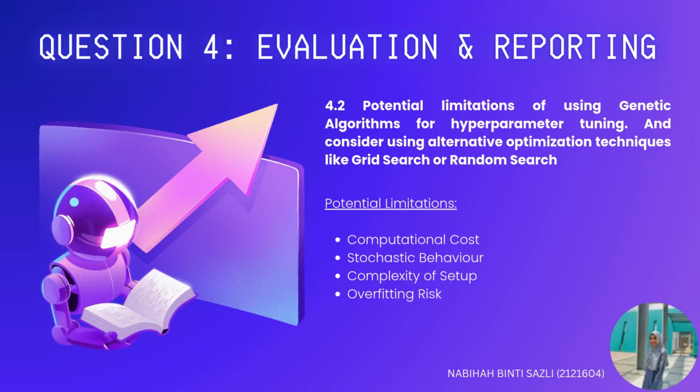Next is stochastic behavior. What is stochastic behavior? This is what we call it when the results can vary between runs due to the randomness in initialization, mutation, and crossover. Next is complexity of setup. It becomes more complex because GA requires us to carefully tune hyperparameters such as population size, mutation rate, and number of generations.